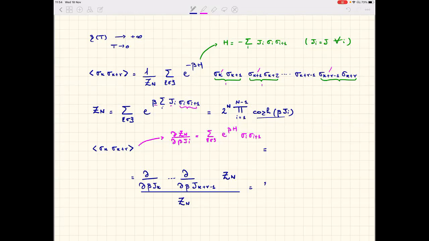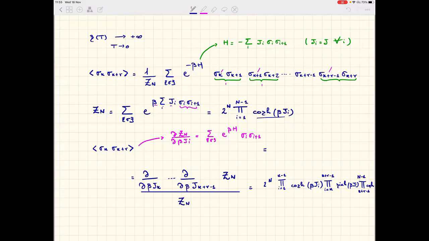I will get 2 to the n, then the product over all i from 1 to k minus 1 of cosine hyperbolic of beta ji, then the product over i from k to k plus r minus 1 of sine hyperbolic beta ji, and then the product over all remaining spins from k plus r minus 1 to n minus 1 of cosine hyperbolic.